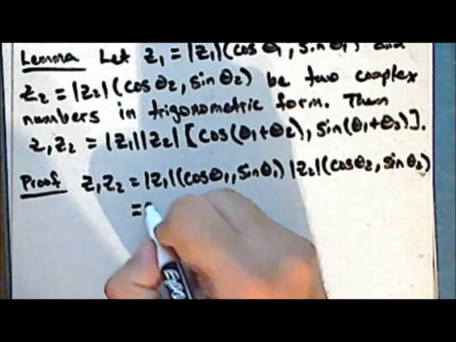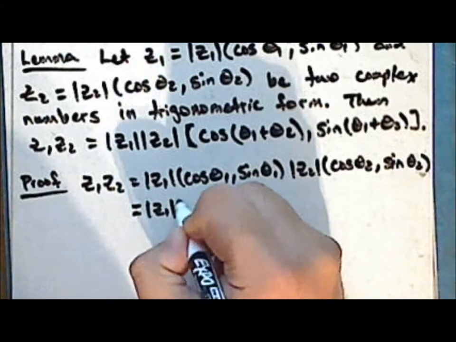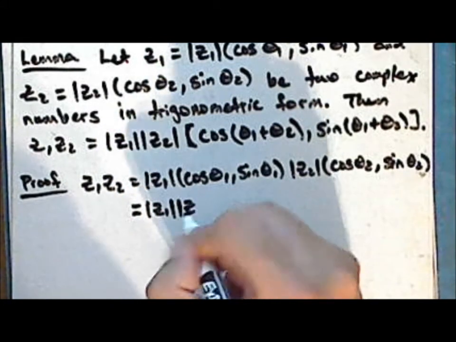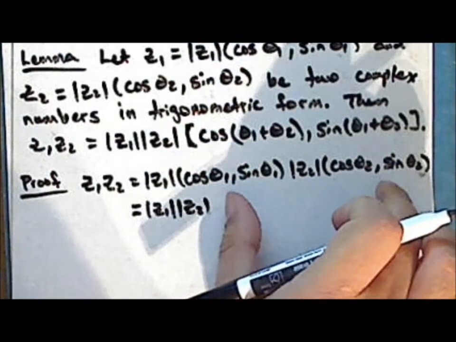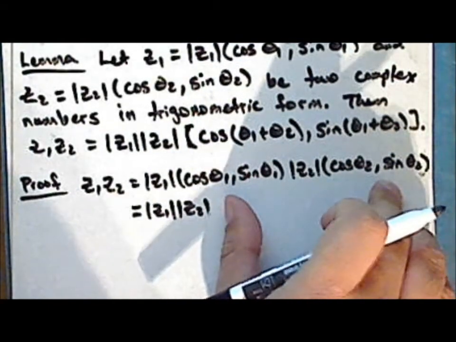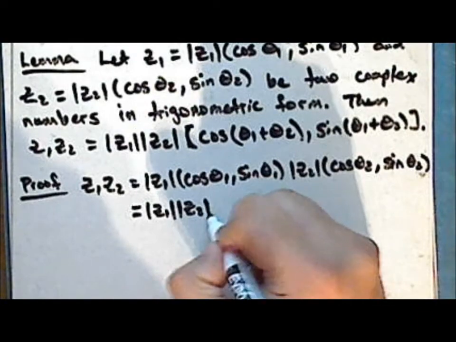So we can regroup these and start with the product of the moduli, and we'll actually perform the product of the two ordered pairs.